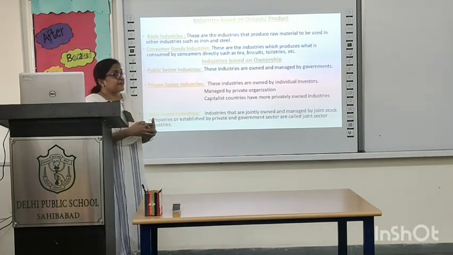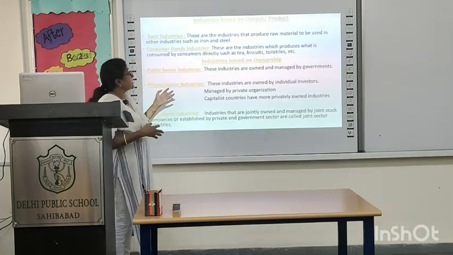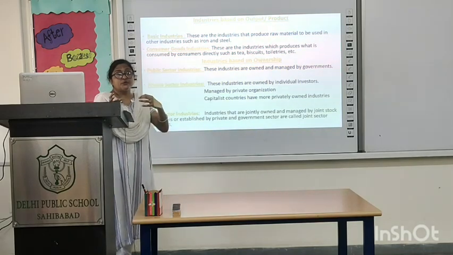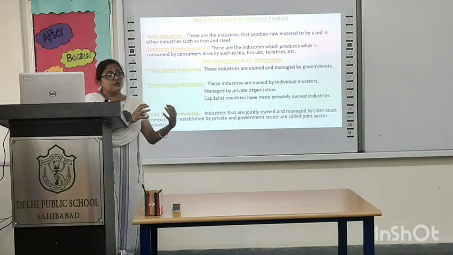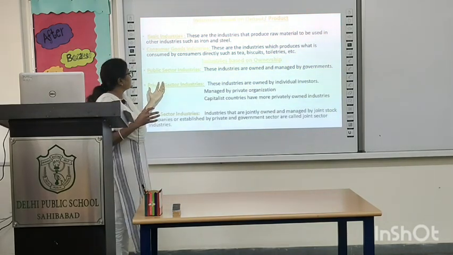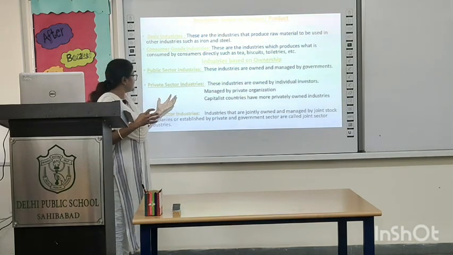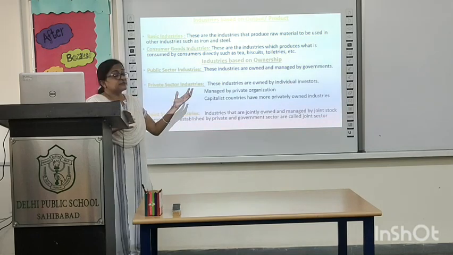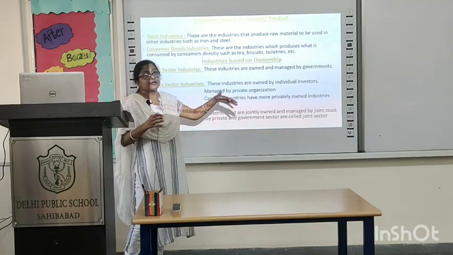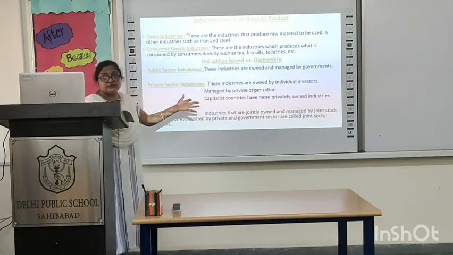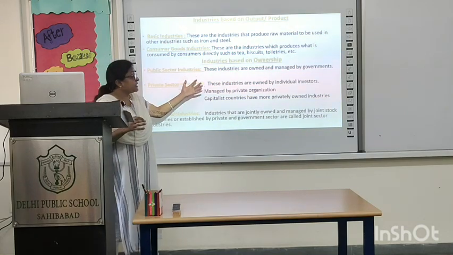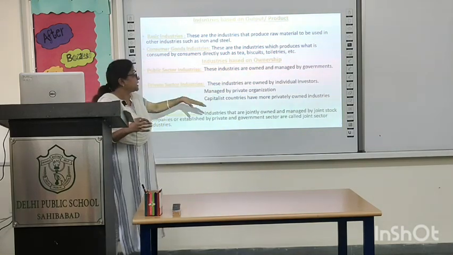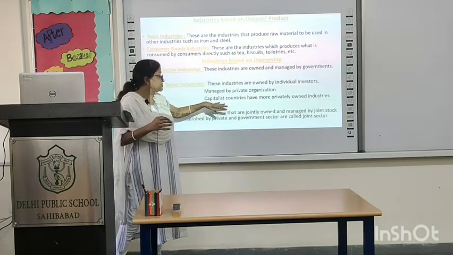Now, industries based on ownership. Ownership means who owns that particular industry, such as public sector industries, private sector industries, and joint sector industries. Public sector industries are owned and managed by government. Private industries are owned by individual investors and managed by private organizations.